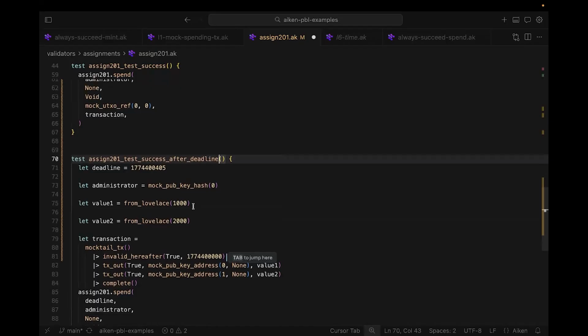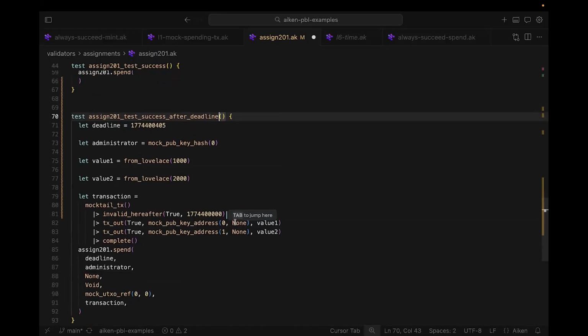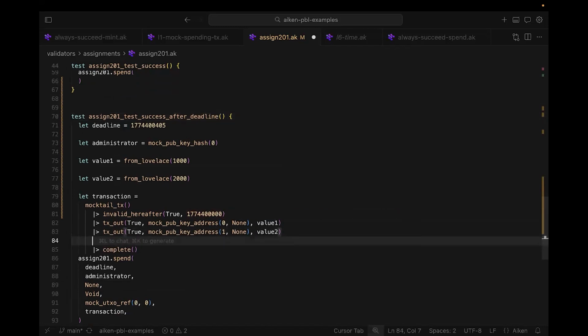It really doesn't matter because these transaction outs don't matter, but here we need to make sure we are passing in the extra administrator key into the required signer hash. True. Did we have administrator mock pub key hash? Yes. So we have passed in the administrator key.